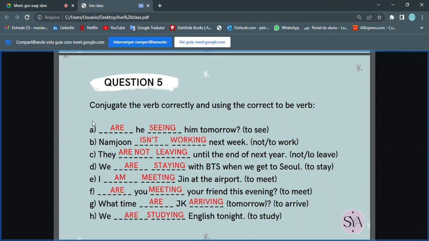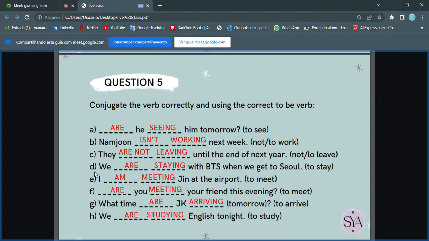So this first one, as we are using the he, the to be verb is are. So are he seeing him tomorrow? Namjoon isn't, because we have a negative form sentence. Namjoon isn't or is not working next week. They are not or they aren't living until the end of next year, because we have again the negative form.